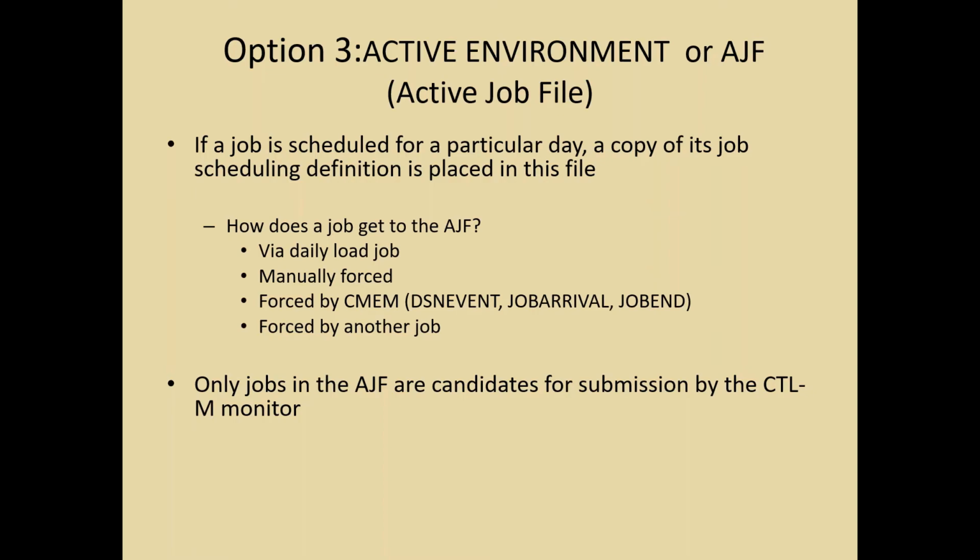Then second is how the jobs are forced. Option 3 is manually forcing. Suppose I want a job A to come to AJF, that is the active job file, today. Now when I go and check my cycle, I find that job A is not there. So now what I will do, I will go to option 2, schedule library.